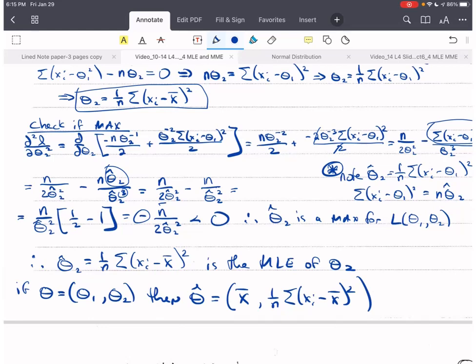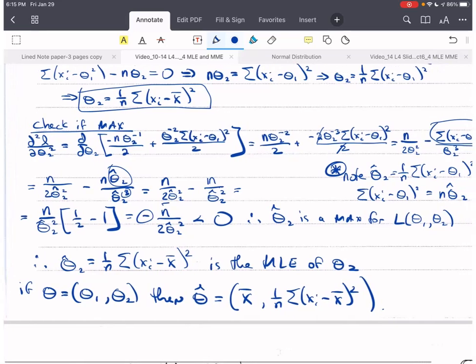So, all right. This is telling us, this is a very important result, this is the MLE for the normal distribution. This is θ1 hat, this is θ2 hat, and this is not quite the standard deviation.